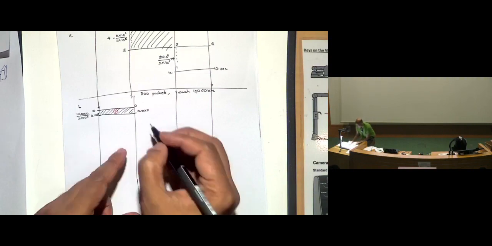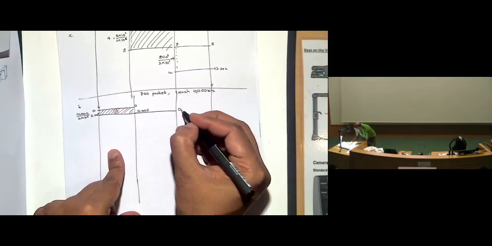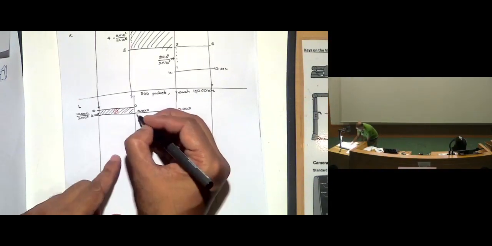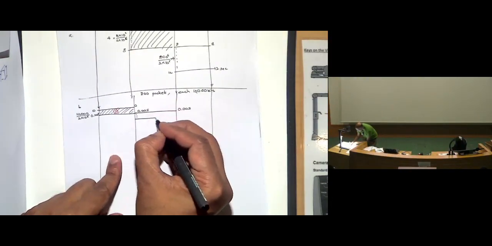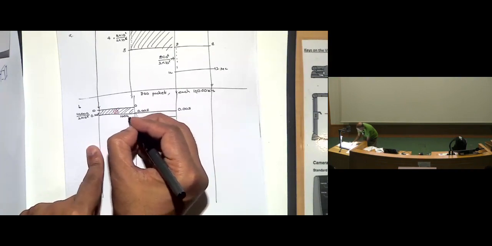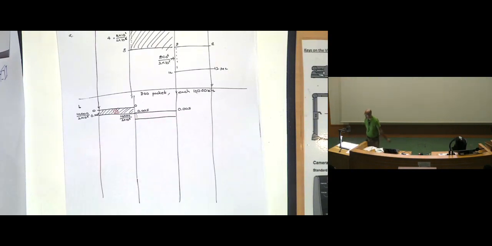So at t equals 5 milliseconds, R1 can start sending. The first bit will reach here at 0.005, but then it has to keep transmitting the remaining bits. How long is it going to take? Again, 10,000 divided by 2 into 10 to the 6. The transmission time here again is 5 milliseconds.